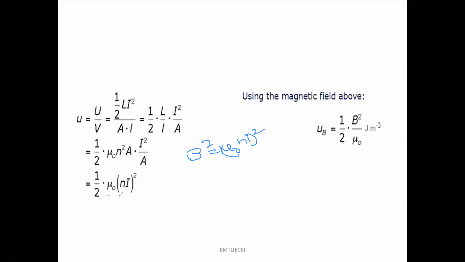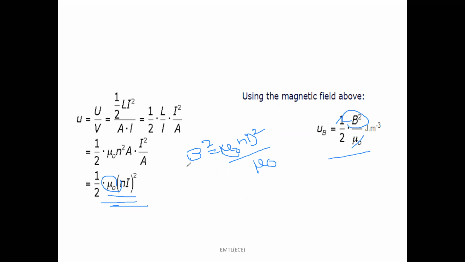But here there is an additional mu naught. For balancing this, simply divide with a mu naught. Then this expression we can write as energy density, half B square by mu naught. Again, you have to substitute the B square value, mu naught square n square I square. In the denominator, there is a mu naught. By cancellation of mu naught, finally you get the value half mu naught n square I square, the same value.